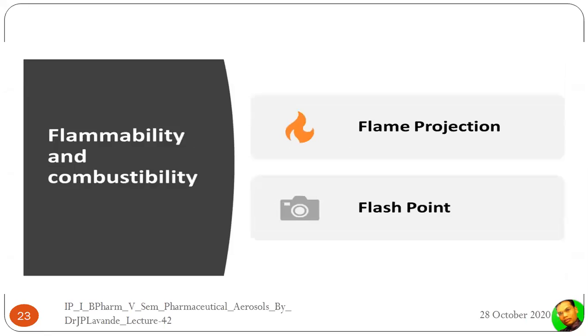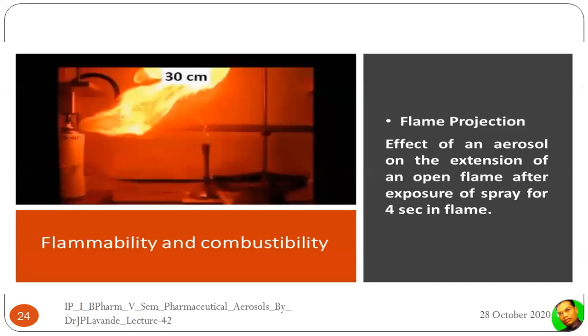As far as flammability and combustibility is concerned, there are two different tests: flame projection and the flash point. In case of flame projection, generally the effect of an aerosol on the extension of an open flame after exposure of spray for 4 seconds in flame is to be observed. So that is the flame projection test.